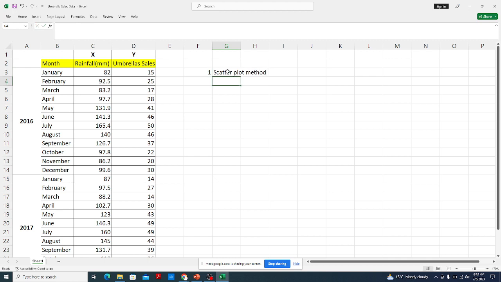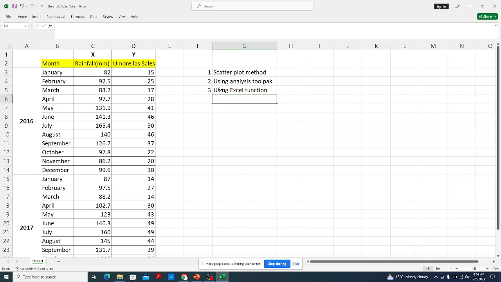Today I want us to do the second method, which is using the Analysis ToolPak, and then the third will be using Excel functions. So these will be our three methods to find the coefficients of the straight line.